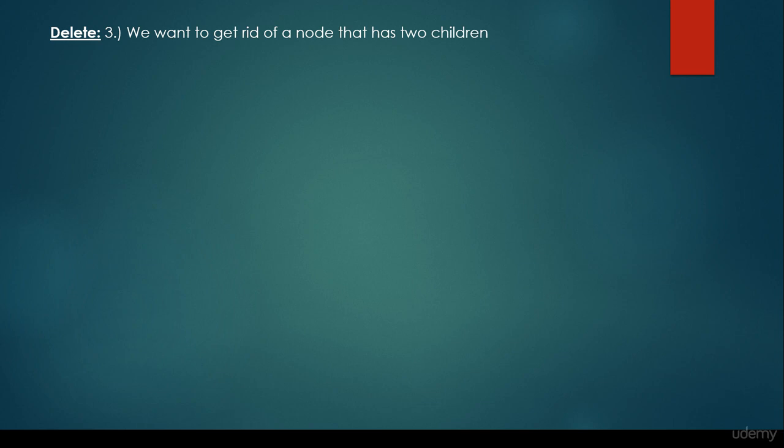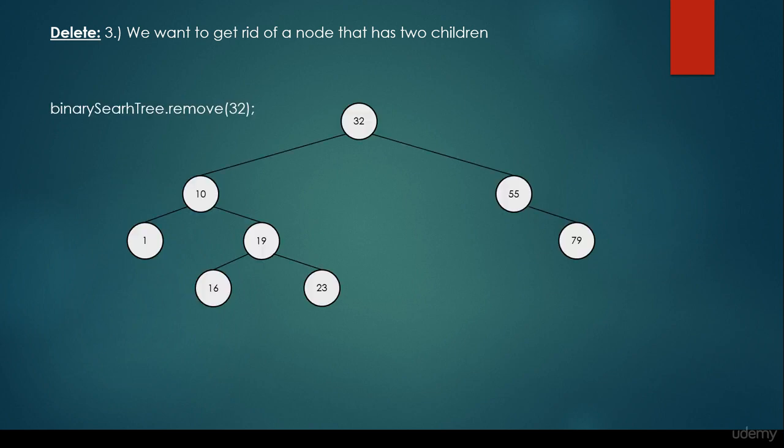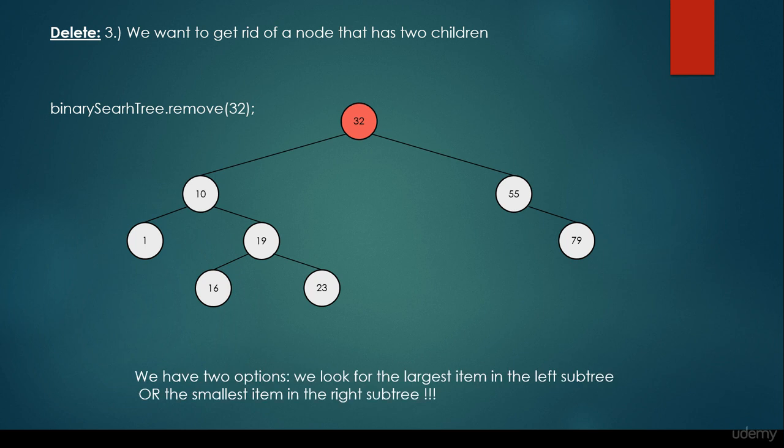What about the last case? We want to get rid of a node that has two children. We have already considered these cases when we were talking about binary search trees, so it is absolutely the same. We would like to get rid of 32. We start at the root node. This is the node we want to get rid of. It has a left subtree and a right subtree, so it has two children.